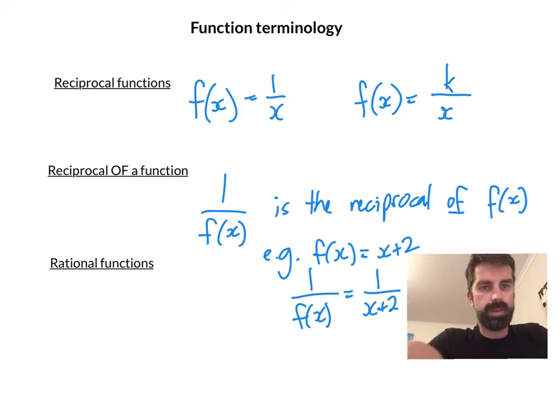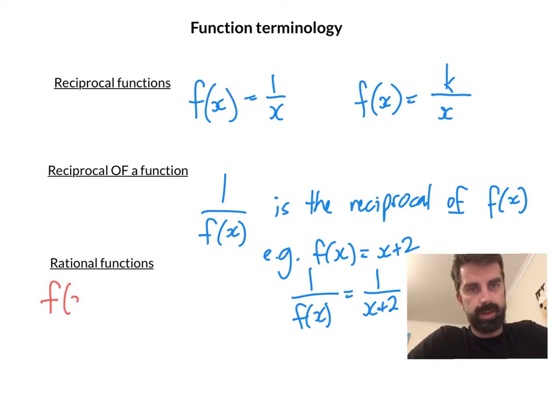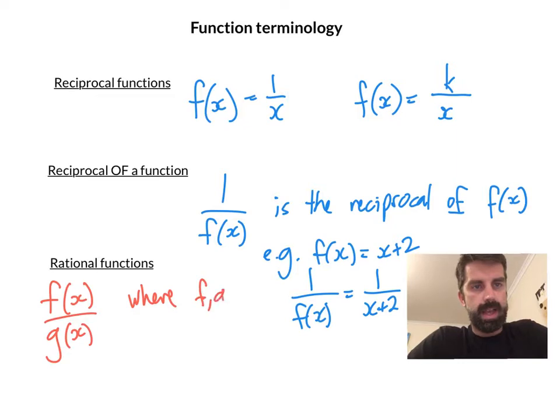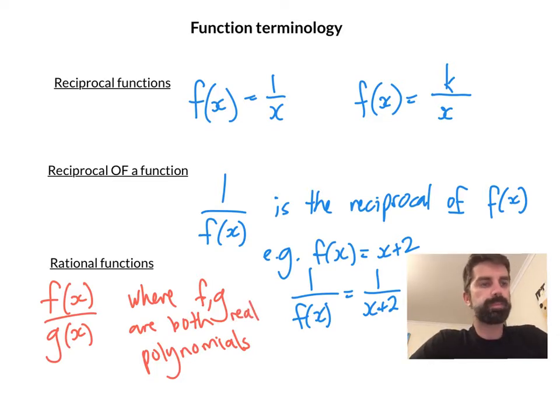And then this final thing that we're going to be looking at is this idea of a rational function. So a rational function is basically where you've got something like f of x over g of x, where f and g are both polynomials. And I should probably say they're both real polynomials.